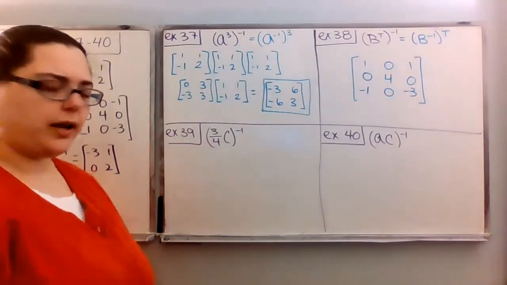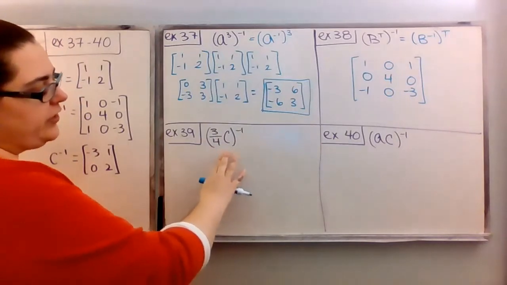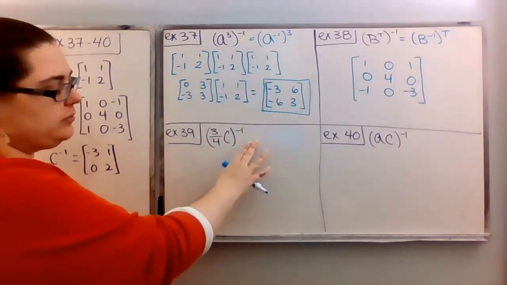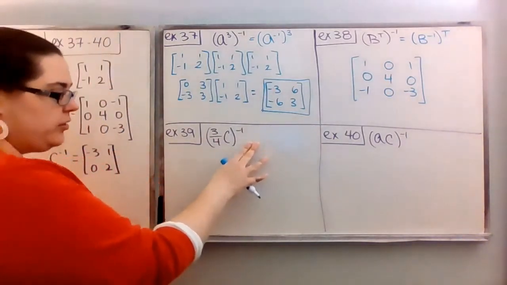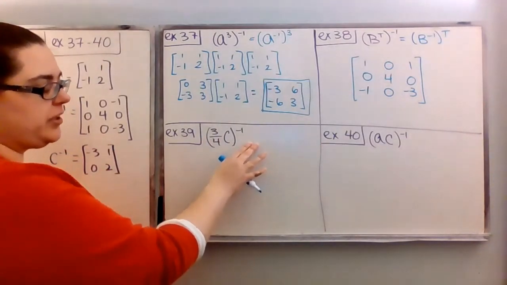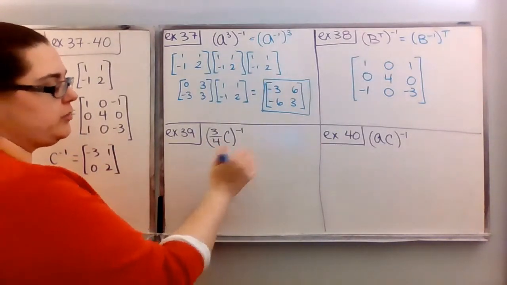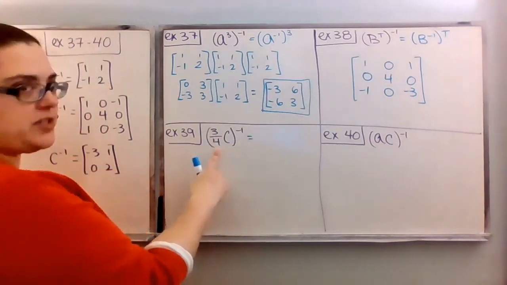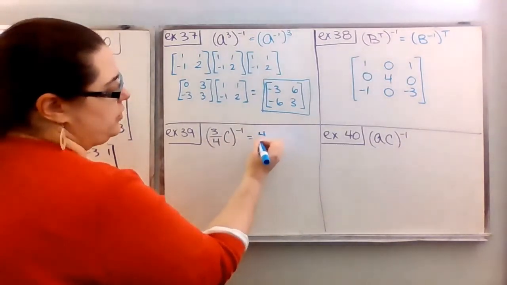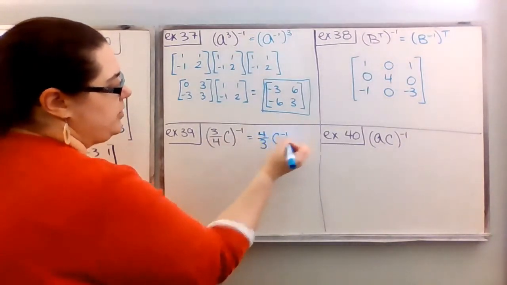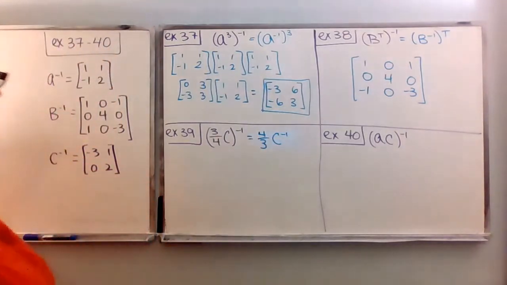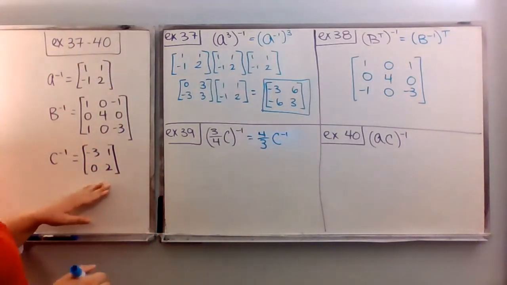For example 39, we now have a scalar value times C. We're going to inverse that. When we do that, we have to make sure to find the multiplicative inverse of both items. So namely, we have to take the reciprocal of 3/4, which is 4/3, and multiply that by C inverse. So C inverse was this matrix over here.